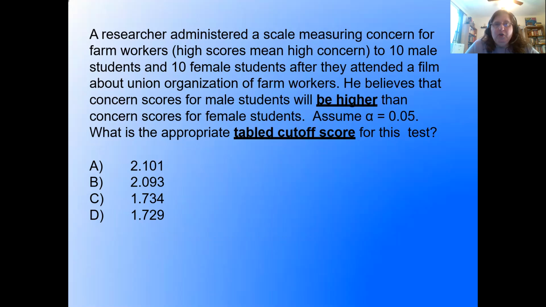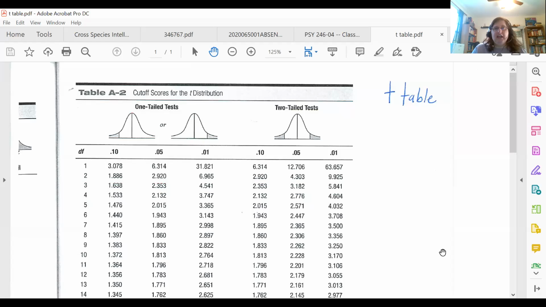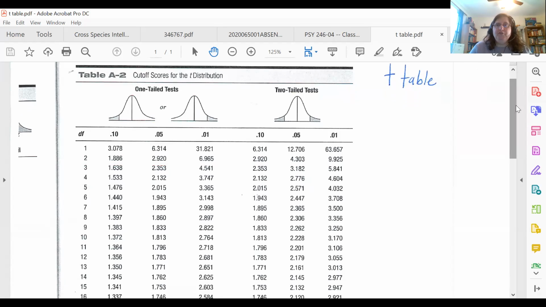And now that we know that it is an independent samples t-test, we can actually start to think about how we're going to get the table cutoff score. So I'm going to go to a new share. I'm going to go to the t-table, so you can look at that. And first we have to remember, was it one-tailed or two-tailed?